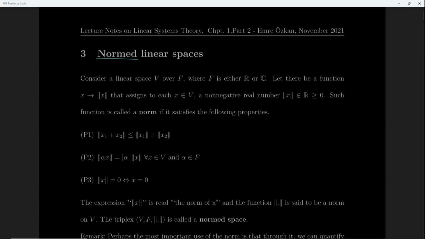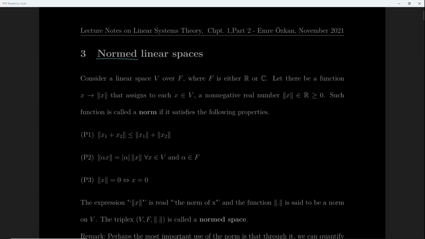So it can be 0 or positive, but it cannot be negative. So the norm of a vector is always non-negative, and that can be defined in different ways. There are multiple norms in the vector space that you can think about, but a function is called a norm if it satisfies the following properties.